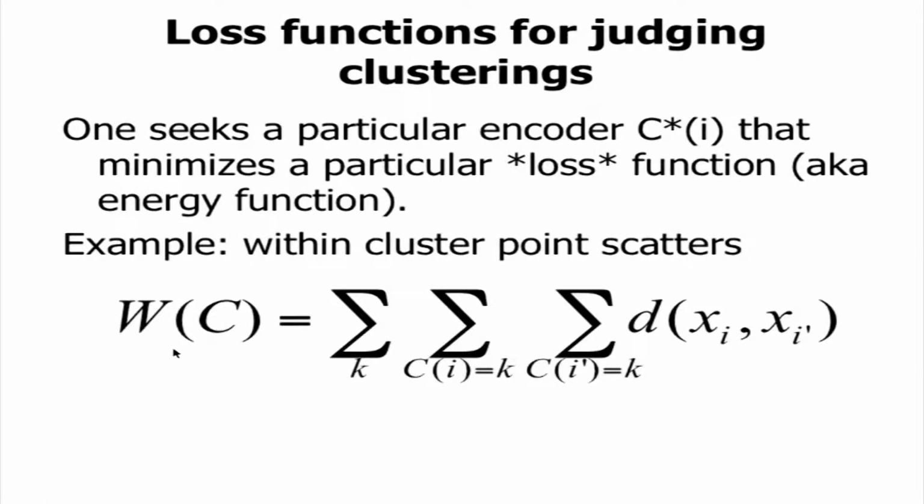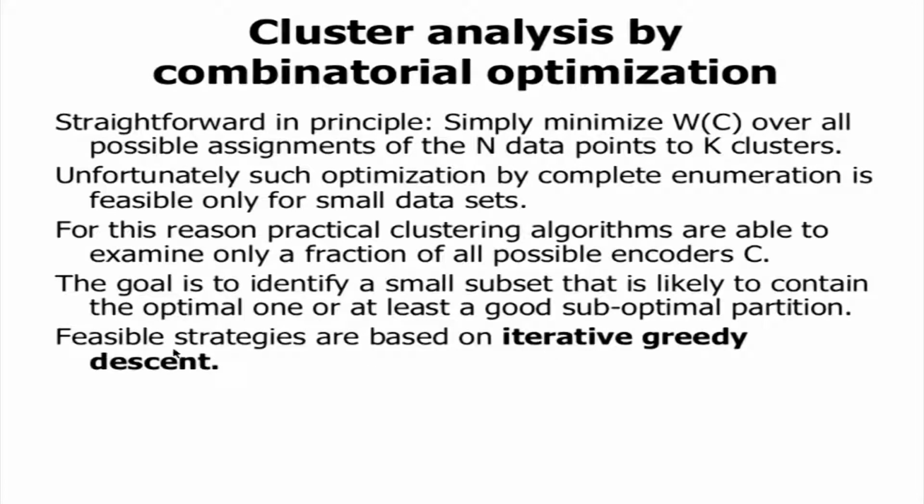One way to accomplish it is by literally enumerating every single cluster assignment, calculating this loss function, and simply choosing the encoder that minimizes it. However, this is a computationally very hard problem, and therefore people developed strategies based on iterative greedy descent, for example.